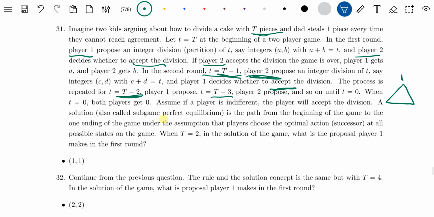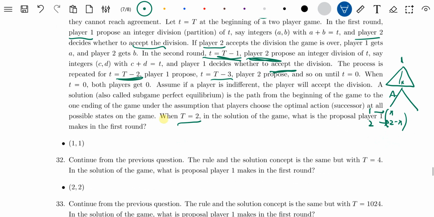Kid 1 will propose, and say the proposal is x and 1 minus x. Then if I accept, the first kid will get x, and the second kid will get, actually not true, when t is 2, it's 2 minus x. That's the first round.